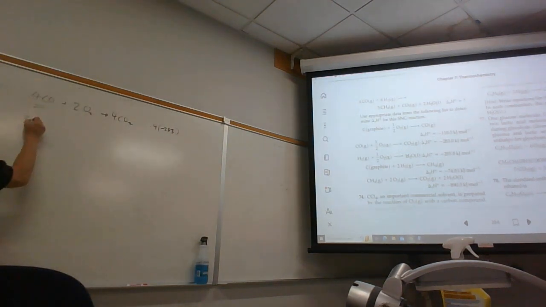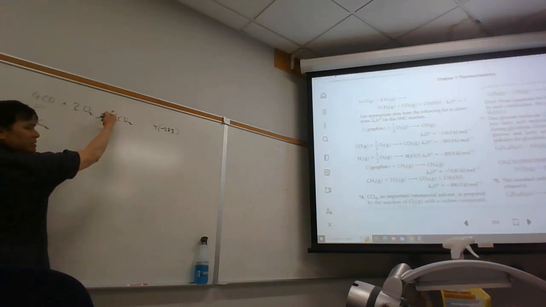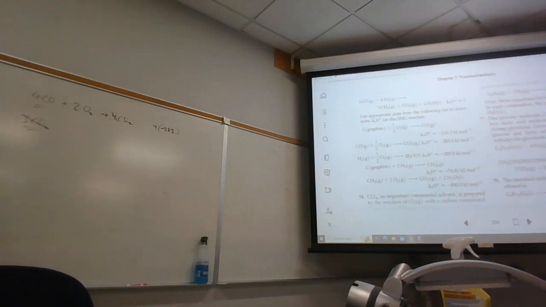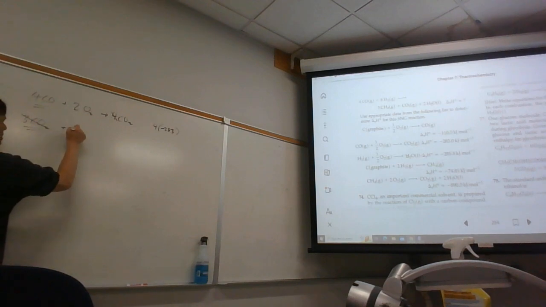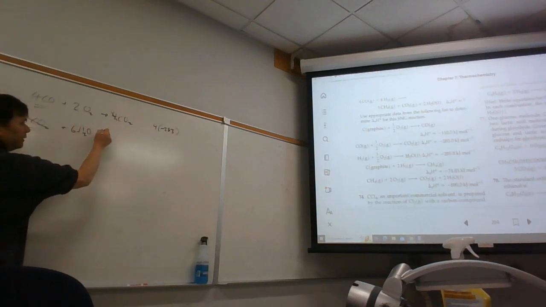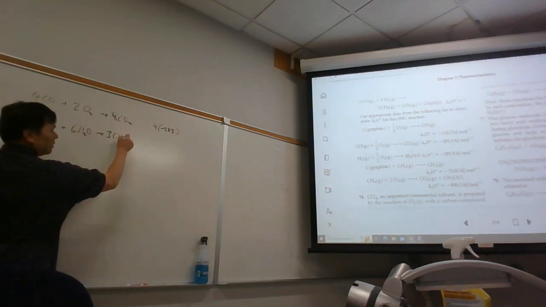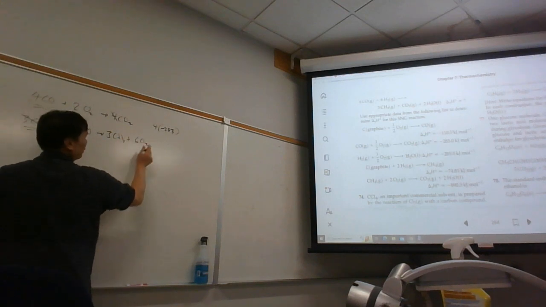So I'm going to get 3 CO2s here. If I get 3 CO2s here, then these 3 CO2s cancel and leave me with 1 CO2 there. And so that's my strategy for this. So this is going to be 3 CO2s plus 6 H2O yields 3 CH4 plus 6 O2s.